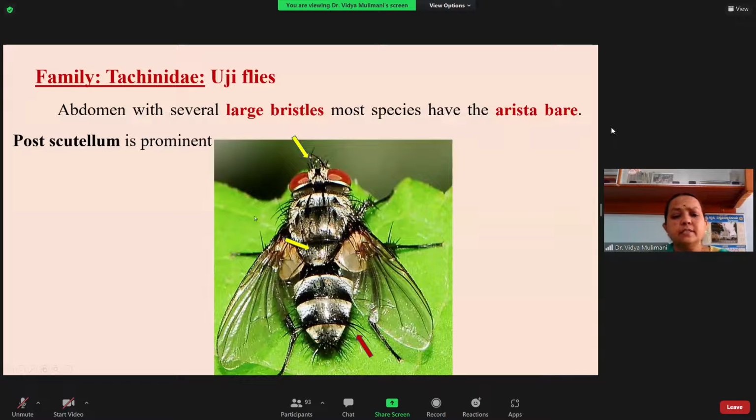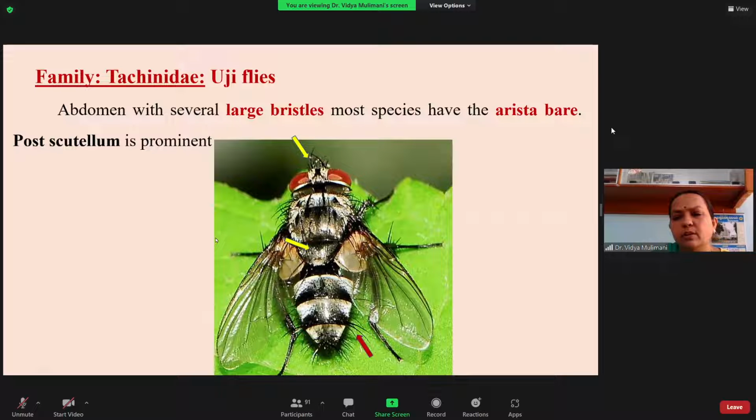Next, the most important you have is the tachinidae, which have been exploited. But the one negative part of the tachinidae is that you cannot rear it on an alternate host. Also, rearing is a costly affair for the tachinids. That is why they have not been mass multiplied in large numbers and released.